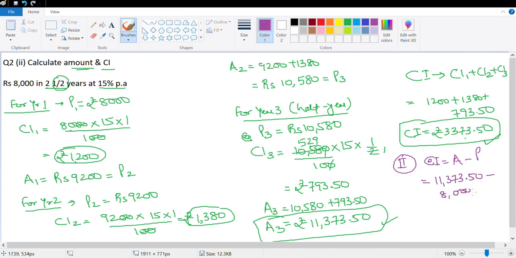The original principal was 8,000. The answer will still remain the same, 3373.50. Whichever method you like, adding CI1, CI2, CI3, or subtracting original principal from the final amount, that'll give you the same answer. Let's look at the next question.